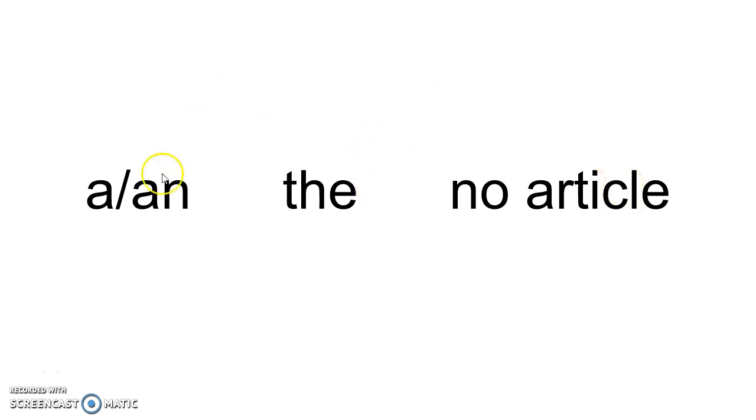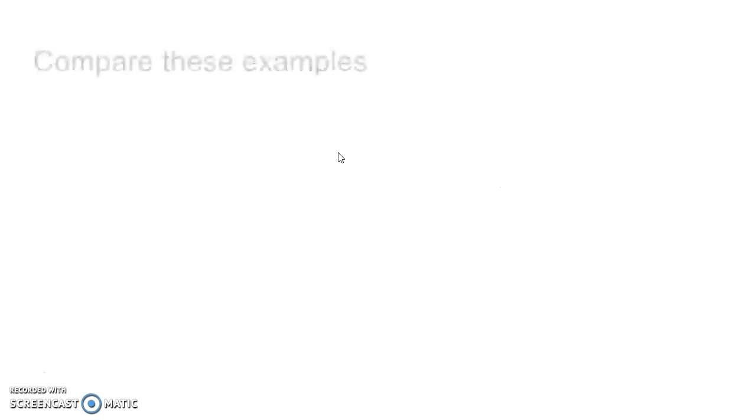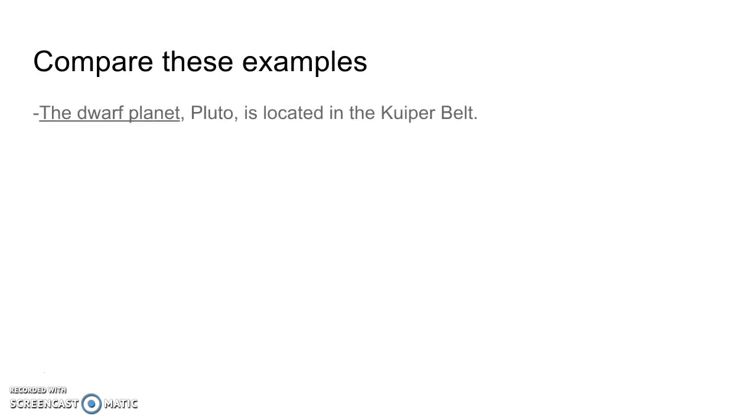And there are very specific rules on when to use one option for articles over another. Let's take a look. So, let's compare these examples. The dwarf planet, Pluto, is located in the Kuiper belt.